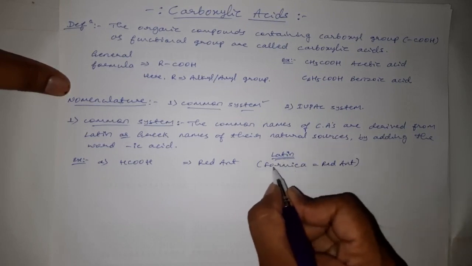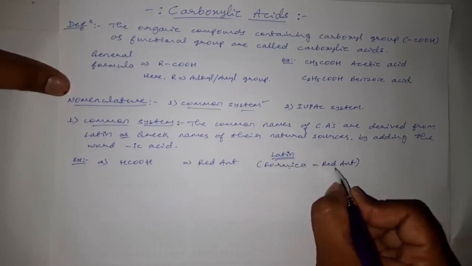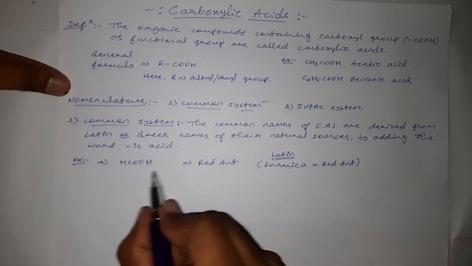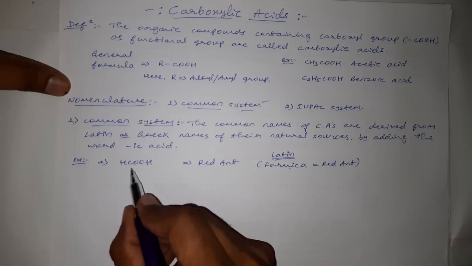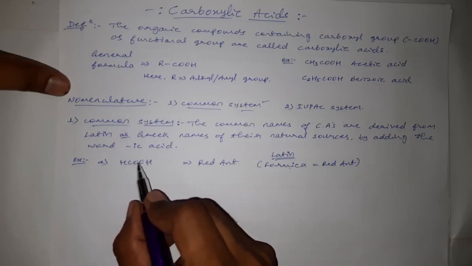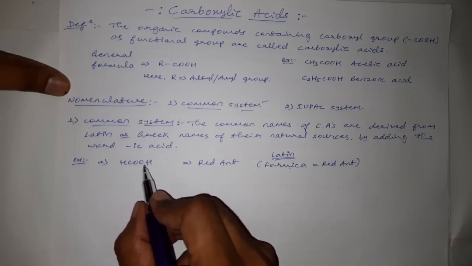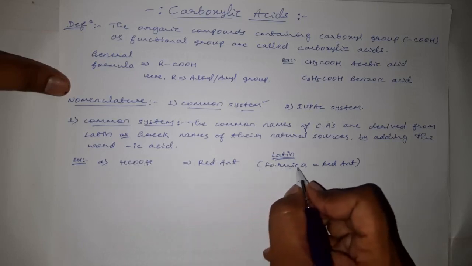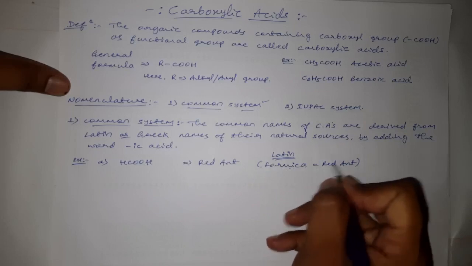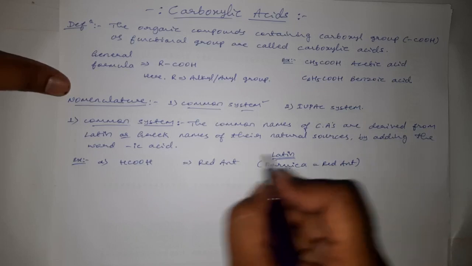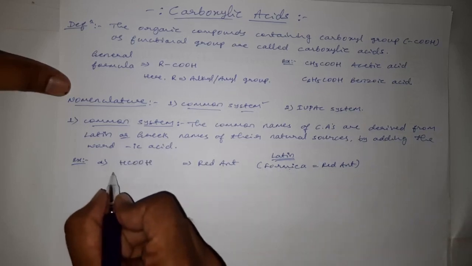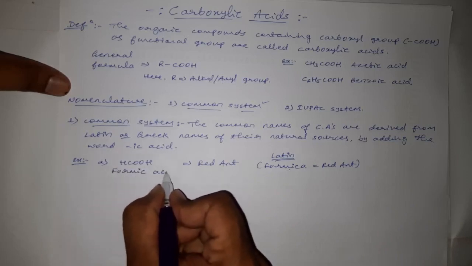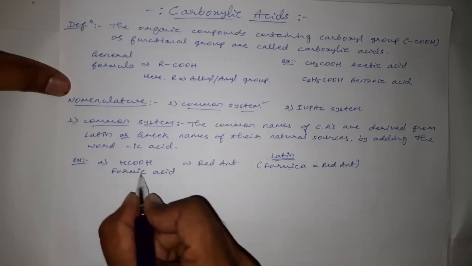In Latin, formica means what? Red ant. Therefore, as the red ant is producing this compound, its common name can be derived from the Latin name of the natural source red ant, that is formica, by adding IC acid to this one. Therefore, its common name is formic acid.